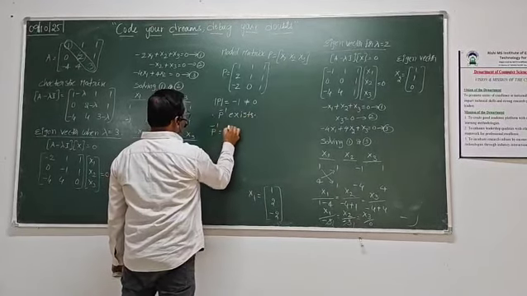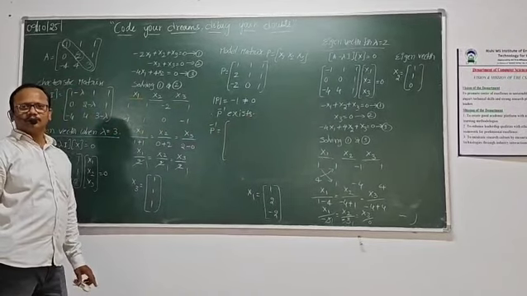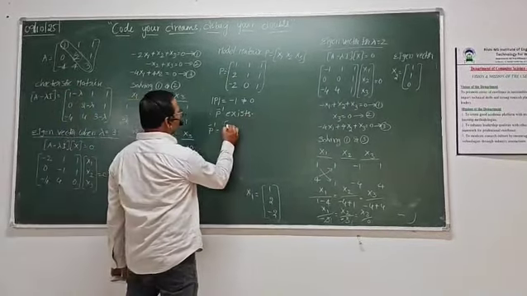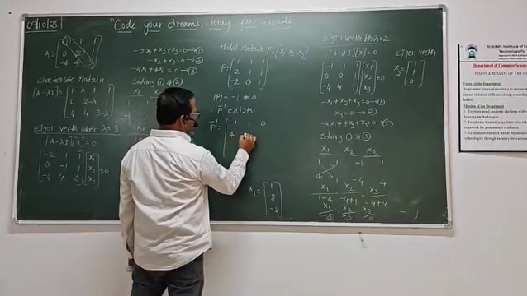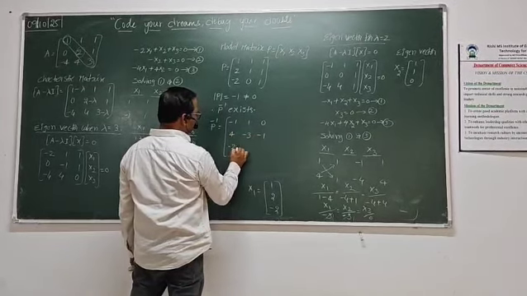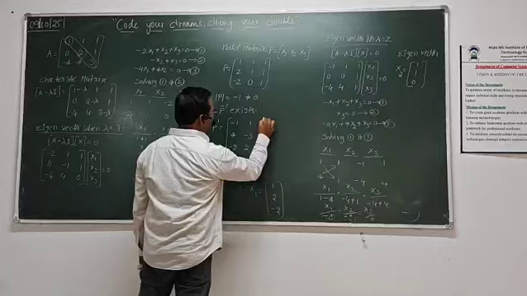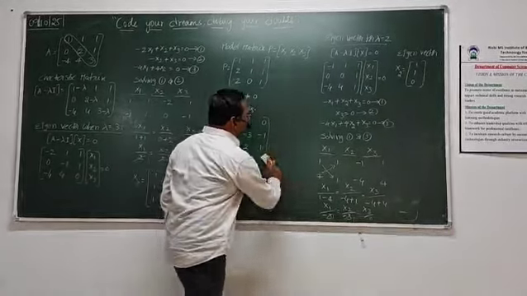Find the P inverse value using a calculator. P inverse is: minus 1, 1, 0; 4, minus 3, minus 1; minus 2, 2, 1. So this is P inverse of the matrix.